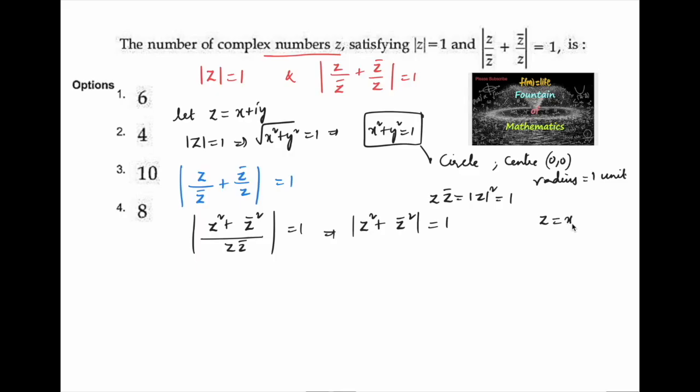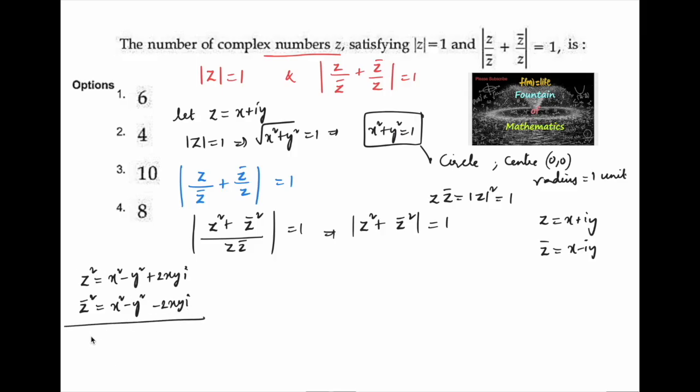When z is equal to x plus iy and z bar is equal to x minus iy, so z square we can write it as x square plus iy whole square, we can write it as minus y square plus 2xyi, and z bar square we can write it as x square minus y square minus 2xyi.